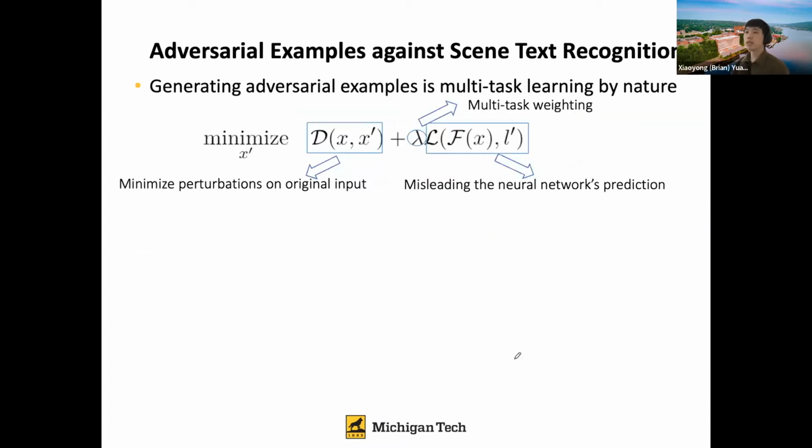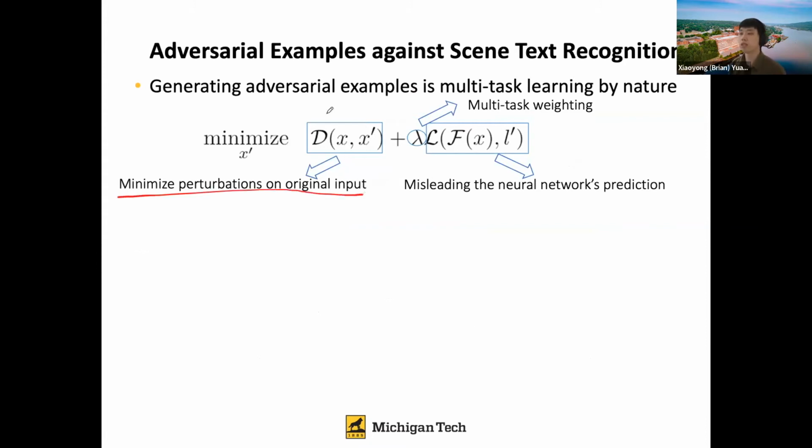And to tackle this, to generate these adversary examples against syntax recognition tasks, we modeled it as a multitask learning task by nature. One of the tasks is to make the adversary image inseparable to humans, which means that we want to minimize the perturbation on the original input.